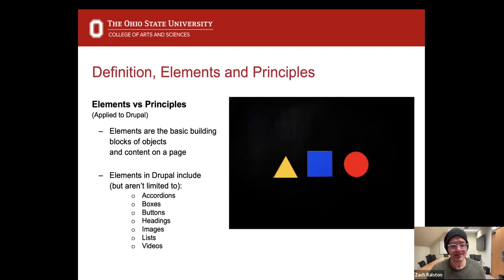But in the context of Drupal, which is what we're all using here, elements include, but are not limited to, things like accordions, boxes, buttons, headings, images, lists, videos, all the interactive elements that you find on any web page. These are all the elements, the basic building blocks of a page.